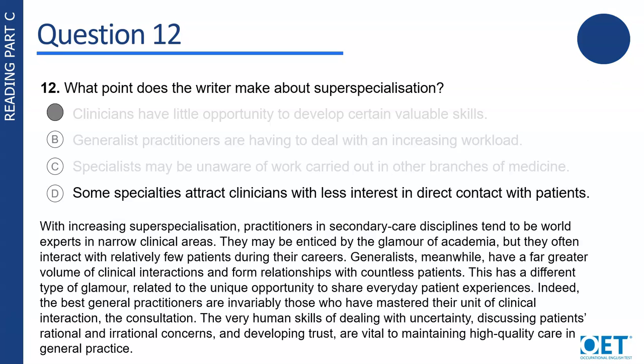And option D, some specialties attract clinicians with less interest in direct contact with patients. One more time, take 20 seconds and look for evidence in the text for this option.